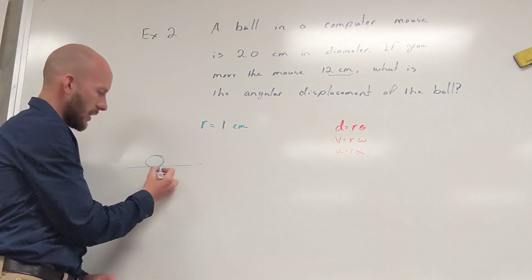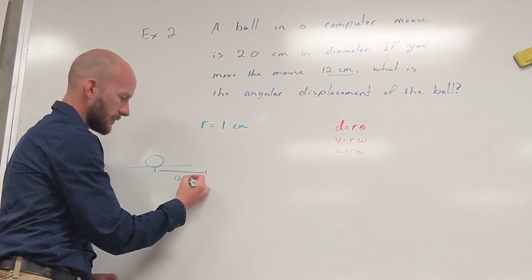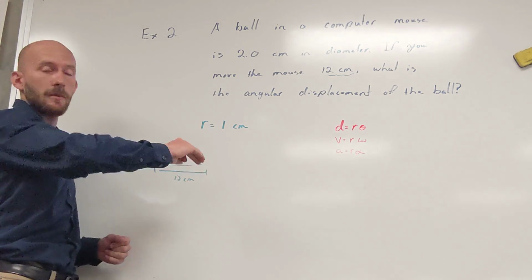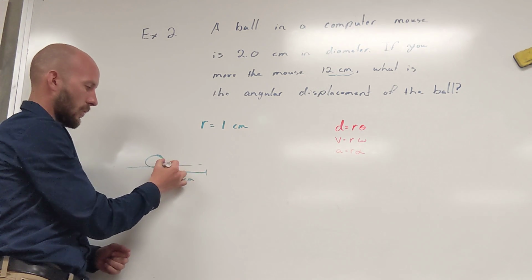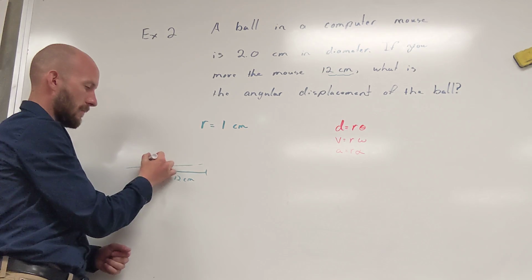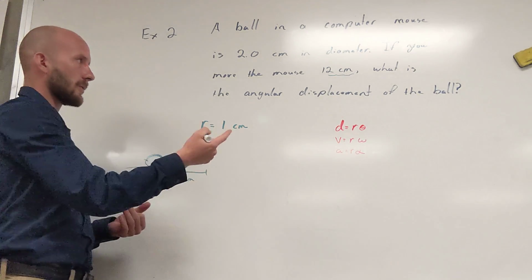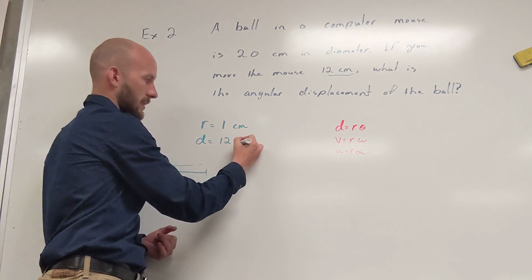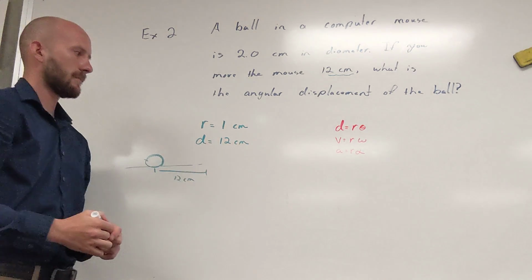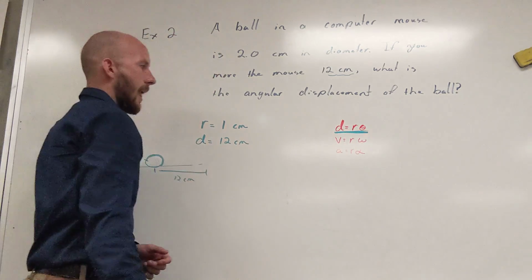If I move 12 centimeters across the pad, that's also going to be 12 centimeters around the ball. So that 12 centimeters is the linear displacement, and we just need this right here.